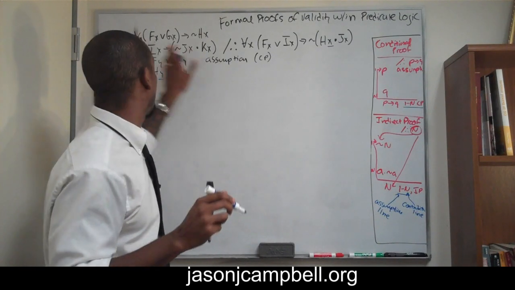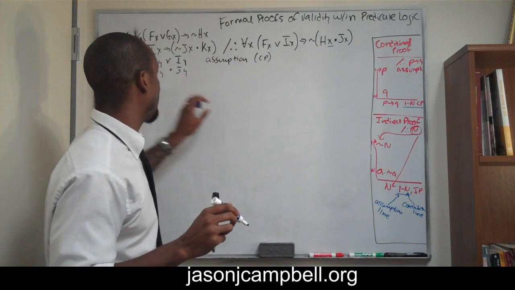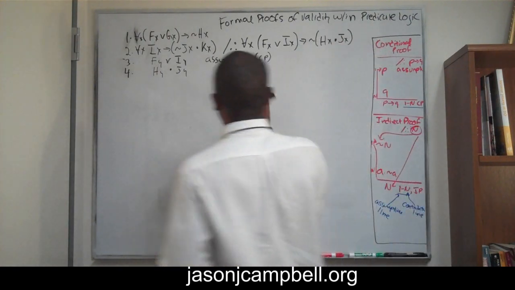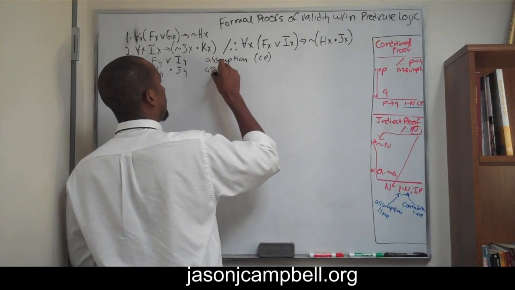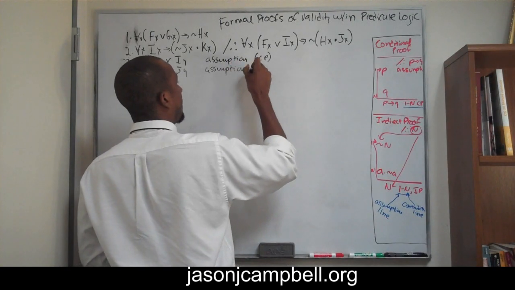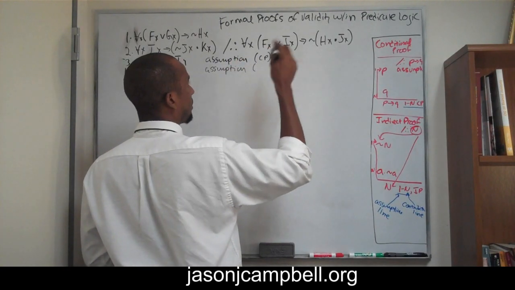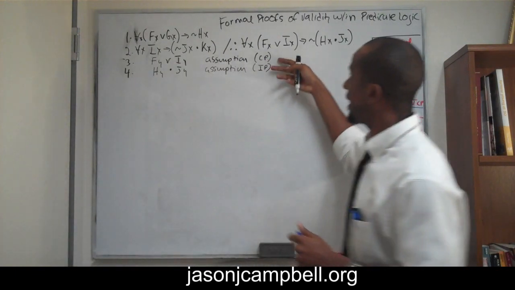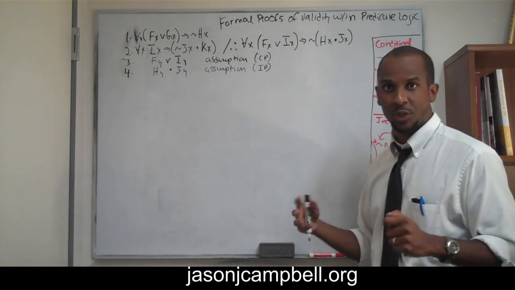There isn't a problem because we're talking about universal generalizations, so no problem there. And this is an assumption as well. What is this? This is the indirect proof. Again, syntactically not proper, but it's good to know.